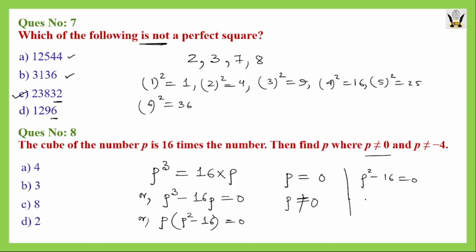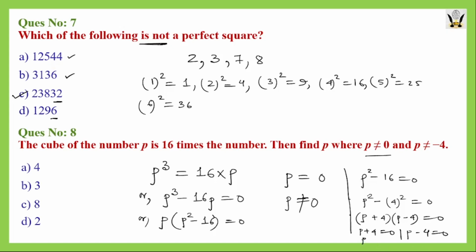So p square minus 16 can be written as p square minus 4 square, right? First, p square minus 16 can be represented using the perfect square of 4, and that is equal to 0. So it can be further factorized as p plus 4 times p minus 4, equal to 0. So either p plus 4 will be equal to 0 or p minus 4 will be equal to 0.